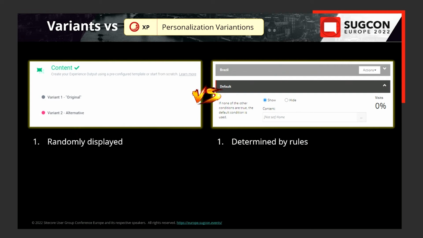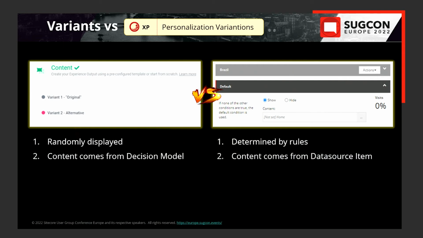While in the XP world, of course, you do have the rules and you have control of what is going to be displayed by using the variant. So it's still quite unclear to me how many variants you're going to have in your experience. Because if you're not able to choose the variant, it's, again, just a way to test and personalize at the same time, right? You have zero control over the variants.